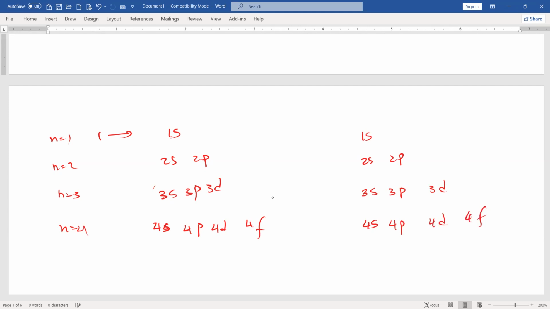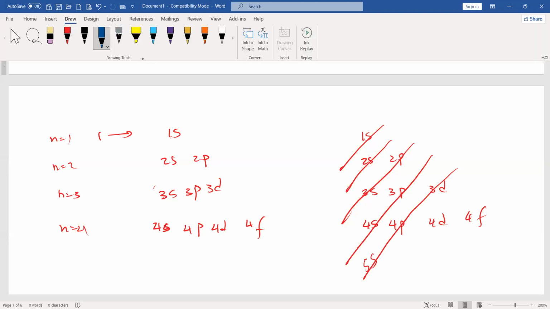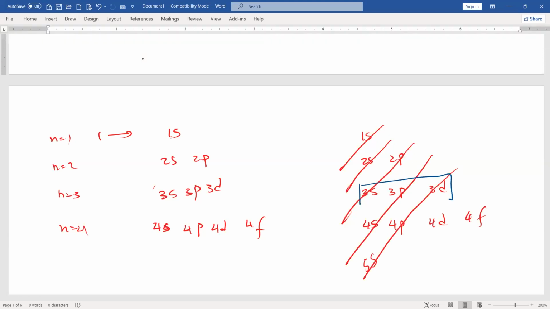So electrons will fill first 1s, then 2s, then 2p, 3s, then 3p, 4s, 3d, 4p, and 5s, and so on. That means before completely filling the third energy level, the electron fills into the fourth level.